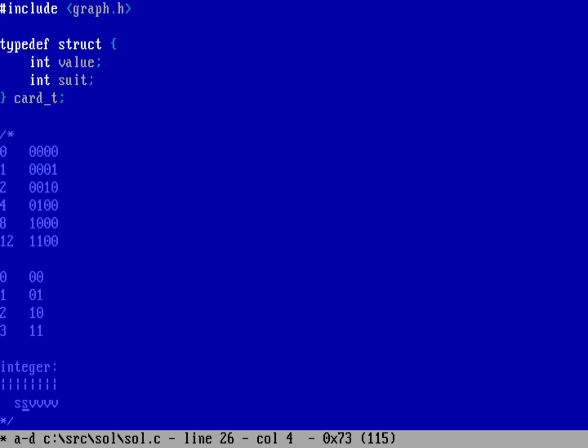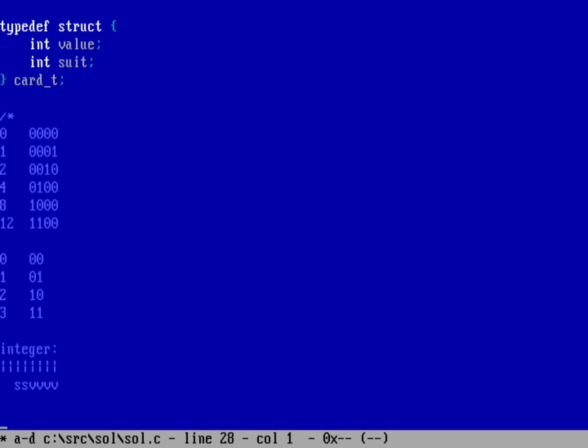But here I'm actually able to store both the suit and the value in one integer value, and that means if I wanted to get just the value of the card, I would need to do, let's say it was being stored into the value of card, card and then doing a bit mask using the AND operator, and that needs to be just these 4 bits. Well, remember what that is. That's going to be 8 plus 4 plus 2 plus 1, and so that's going to be 15.